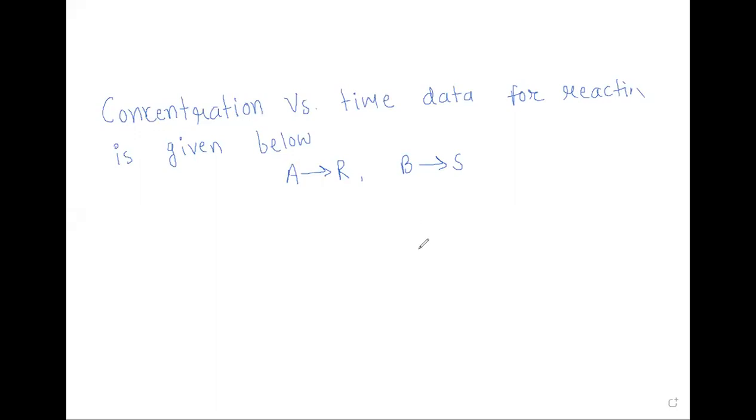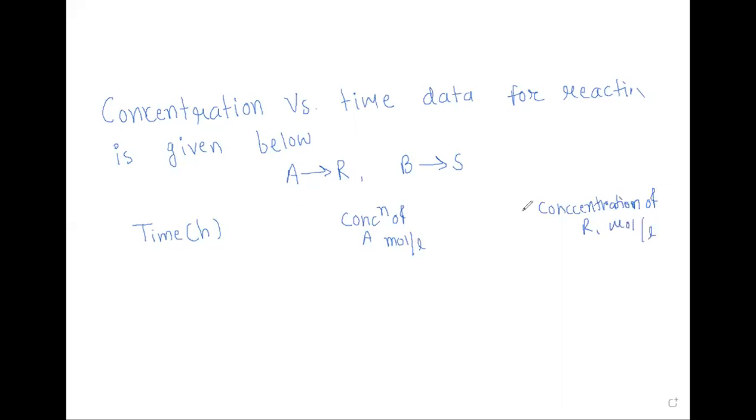So I am writing B gives S, A gives R. Some table is given, having concentration of A in mole per liter, and concentration of R, also in mole per liter.